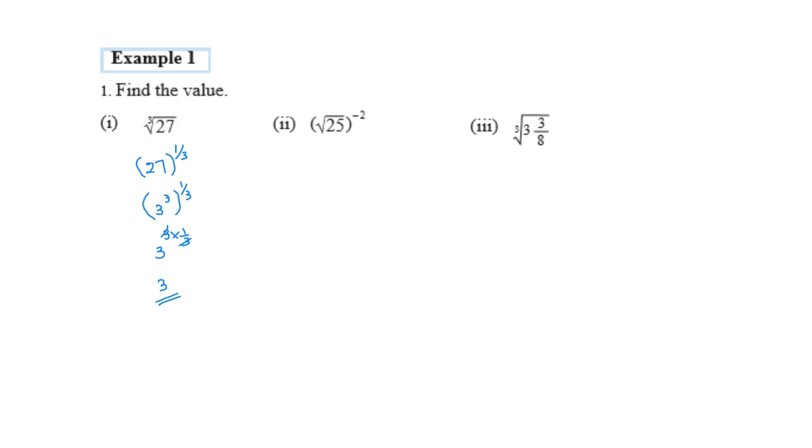Example 2, square root of 25, you can write it as 25 to the power half, all to the power minus 2. So 25 is 5 squared, and to the half you have minus 2 power. Next, powers of powers, you can multiply powers.